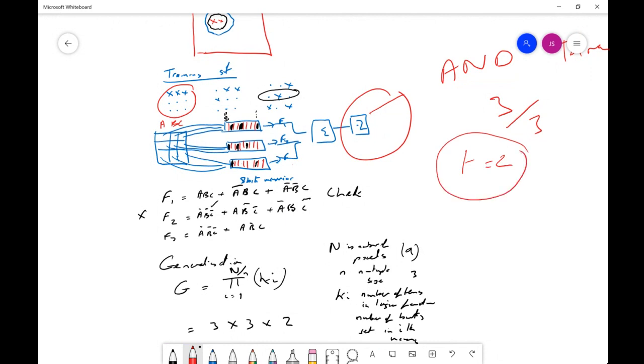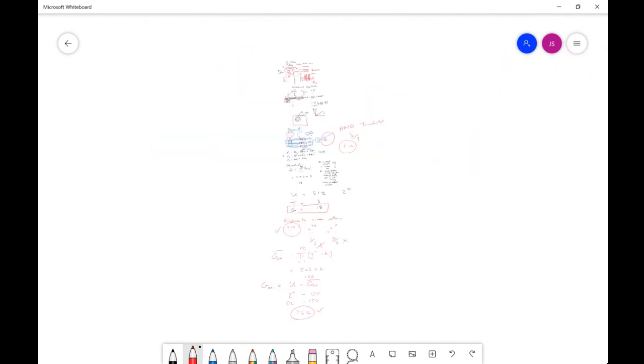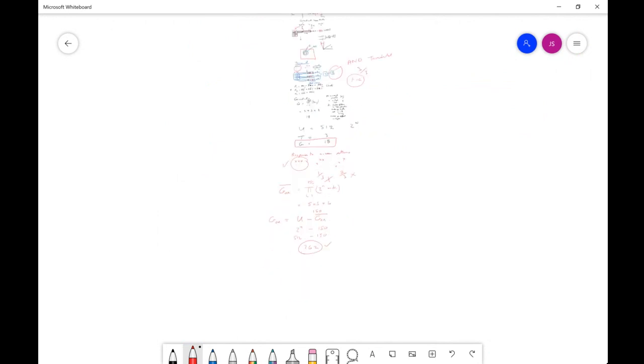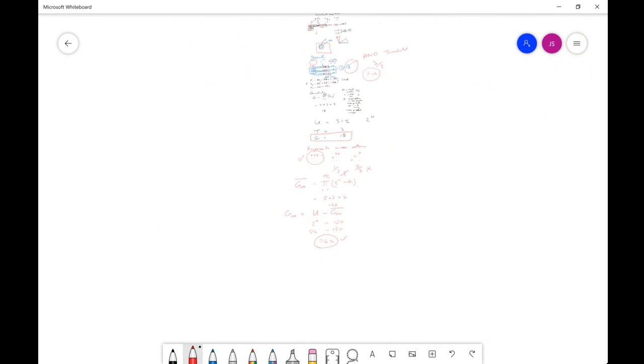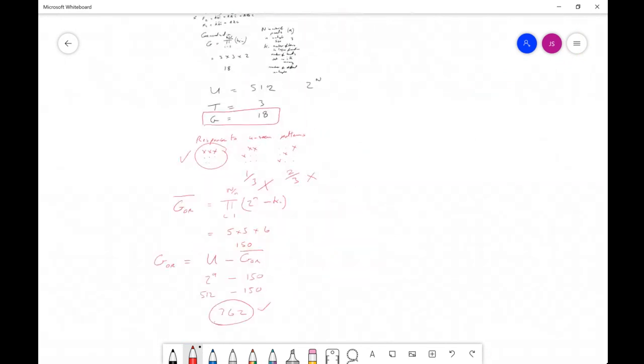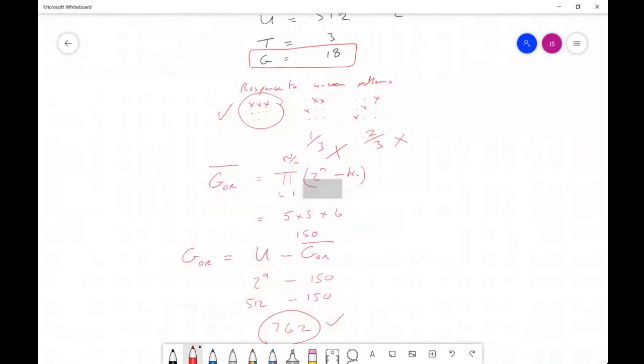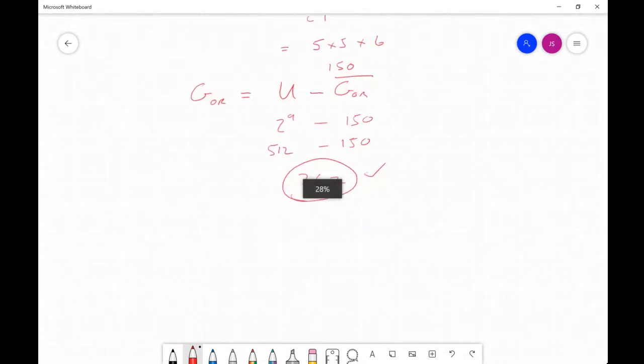If you wanted to calculate that, you'd have to work out the number of combinations of getting 2 out of 3. But in real systems, you'd never use G AND or G OR, you'd have a variable threshold which you can control the actual capture of patterns. So that's the G OR. Have I covered all the points in that question?